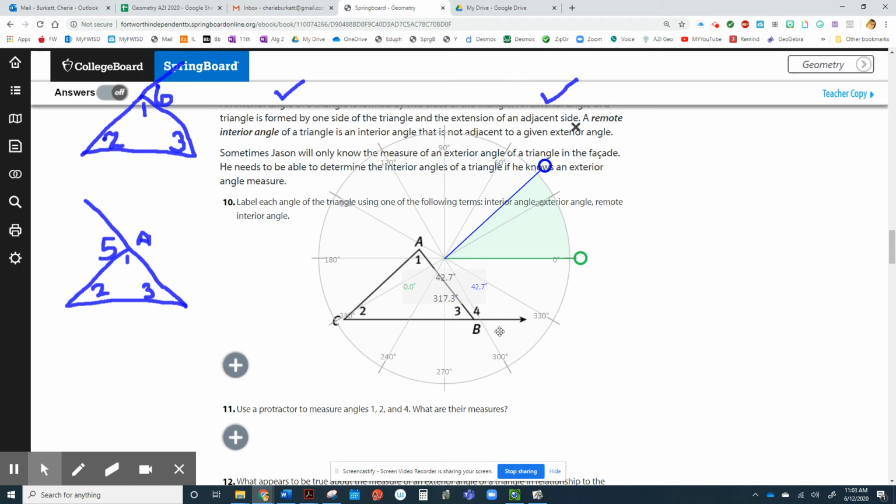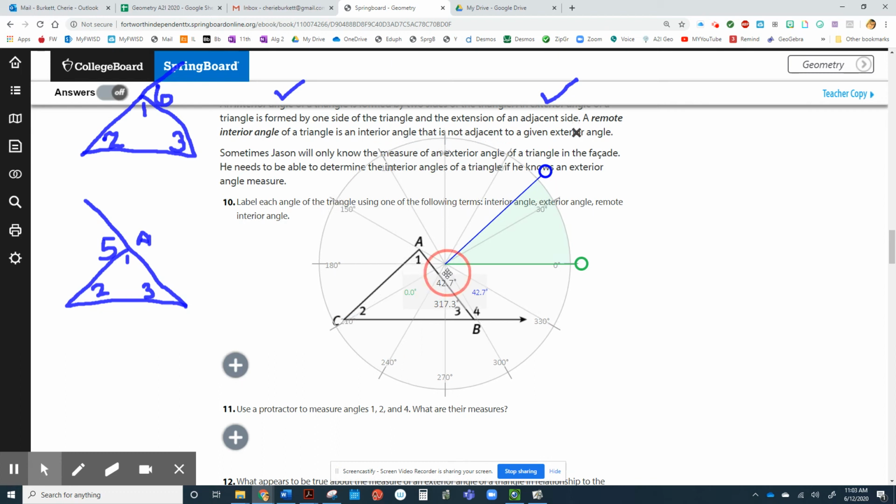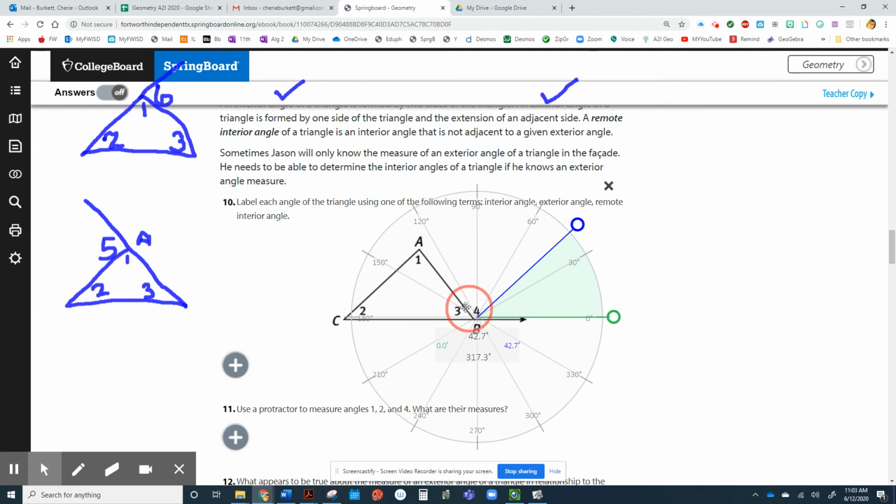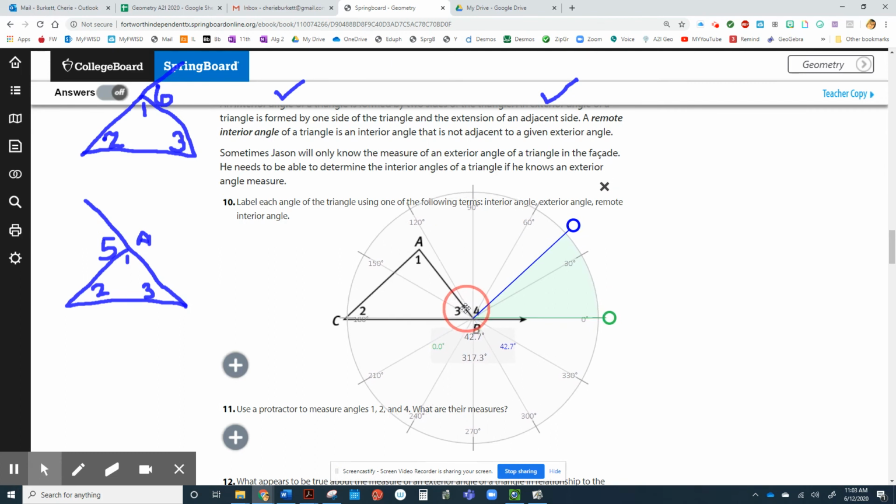For this one, I'm going to use a full circle protractor. Get the little arrows up, and I'm going to move it down to this one right here. I'm going to measure angle 4. I've got the vertex right there on angle 4.